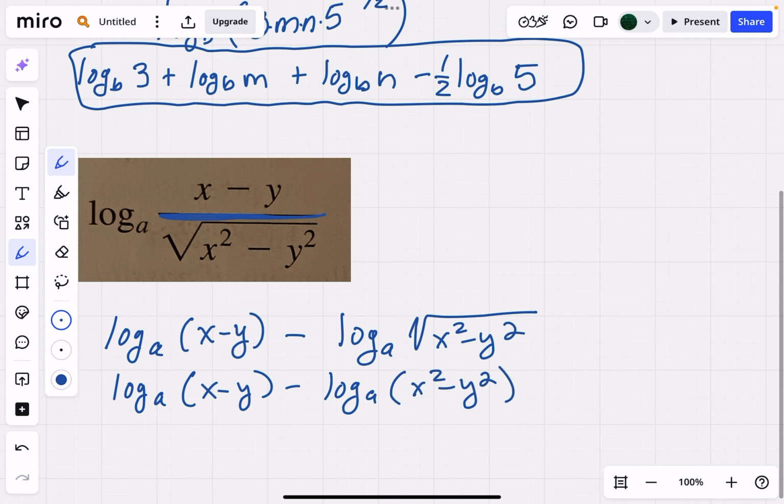Okay, so that means that we rewrite this whole thing, but it's to the power of a half because it's the square root of the difference of x squared and y squared. Now, technically speaking, this is still equivalent to the original, right? And it's written as a difference.